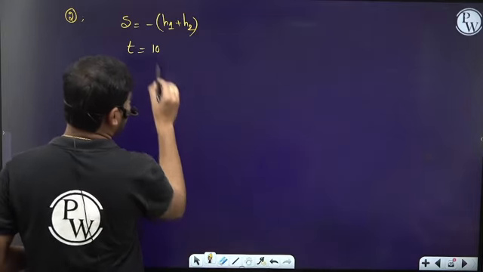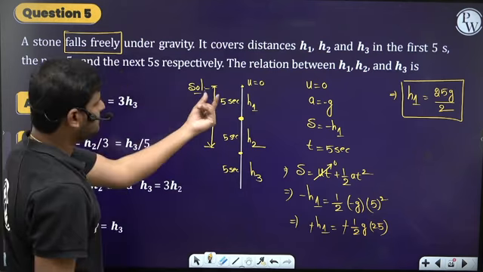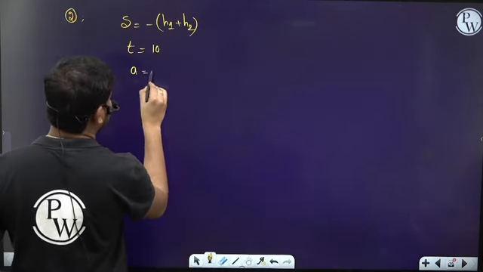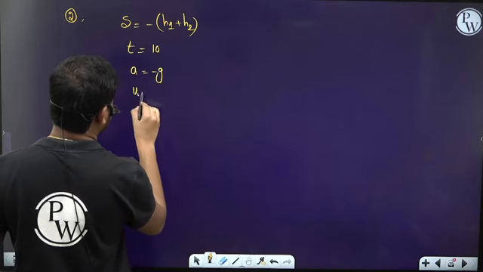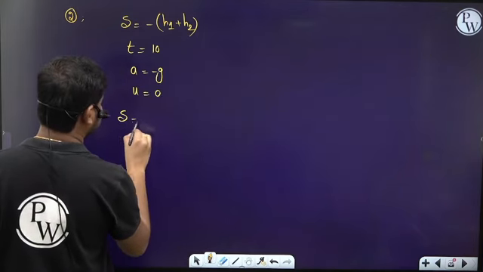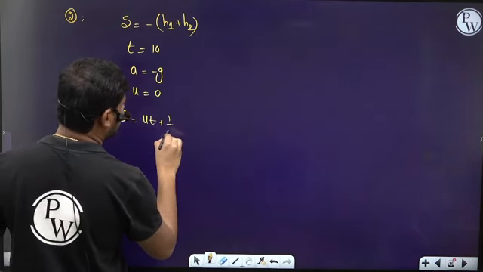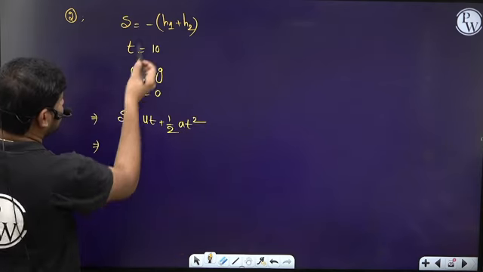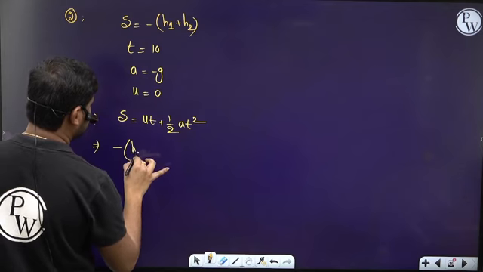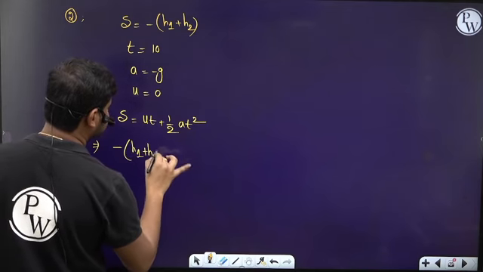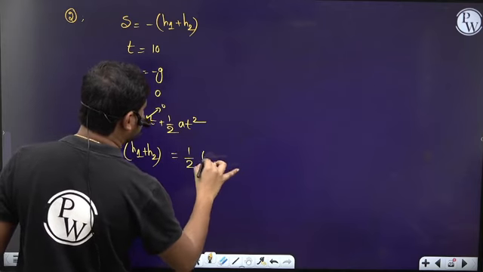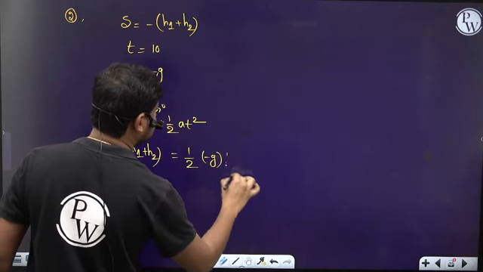It's taking 5 plus 5, 10 seconds. And we know that a is equal to minus g, u is equal to 0. So from here, let's write the same equation, ut plus half at square. In place of s, let me write minus of H1 plus H2, which is equal to, this term will become 0, half a is minus g into t, which is 10.